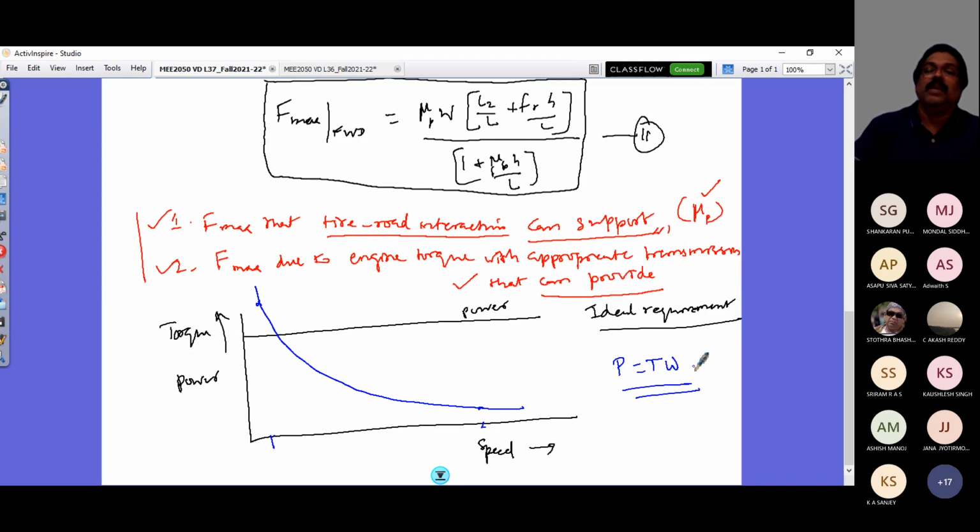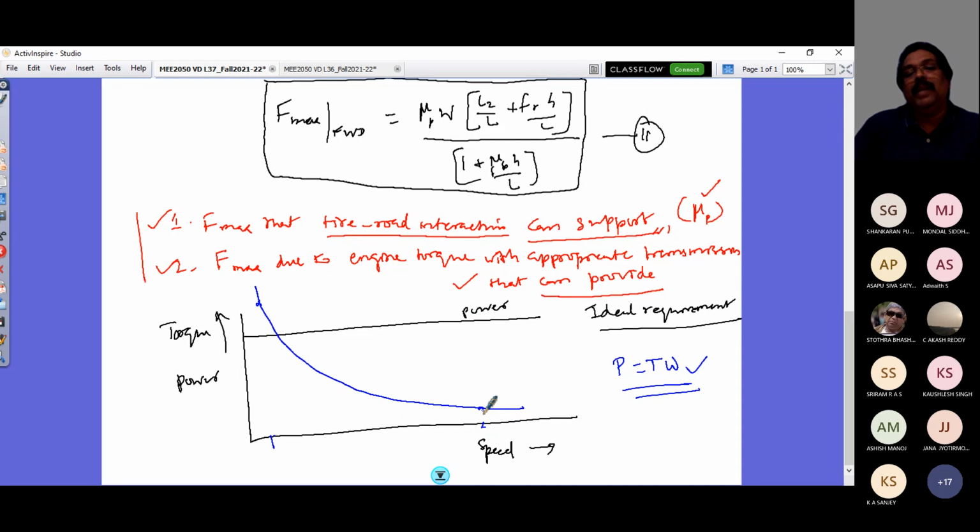So this is the ideal requirement of any vehicular application that has to be provided by the power system in your vehicle. Now you see here, at low speeds, the engine can provide high torque, but what is going to limit your performance is the tire road interaction condition.